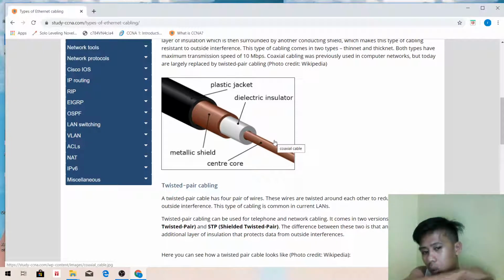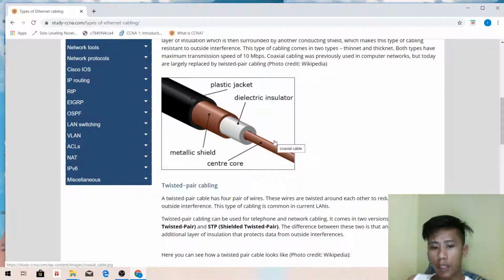So this is the twisted pair cabling. A twisted pair cable has four pairs of wires. These wires are twisted around each other to reduce crosstalk and outside interference.